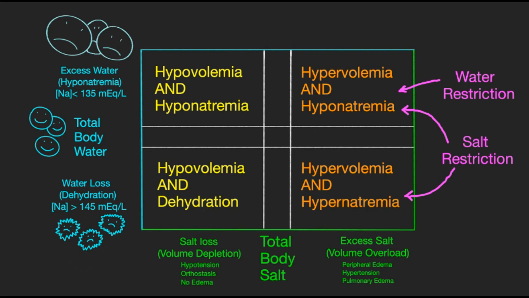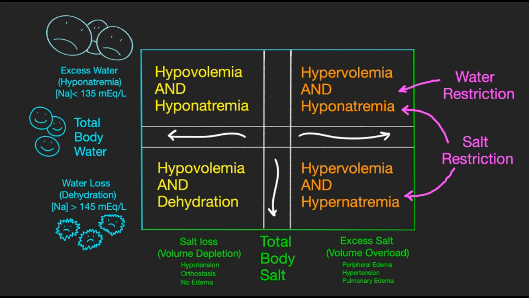Now, you may be noticing these sort of columns in the middle. Well, I left room for pure hypervolemia, right? So if there's just excess sodium without any changes in body water, and there can also be pure hypovolemia, right? Just a typical volume depletion. And then you can also have pure dehydration, right? With normal blood pressure, for instance, normal volume status.